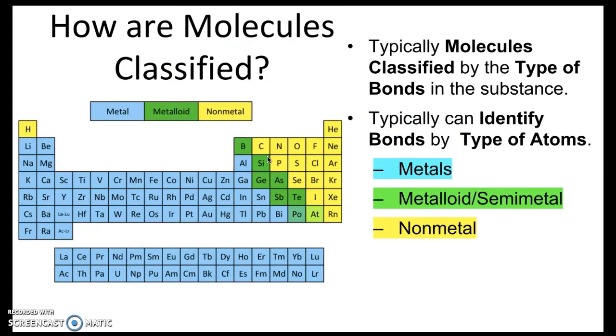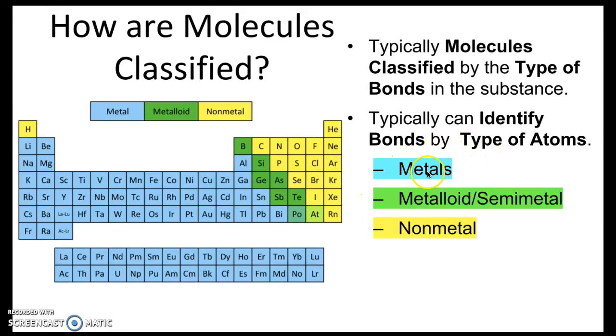Okay, so we're talking about all these properties, and there are different properties that molecules have. Well, what's the basis of these properties, and how do we help to distinguish how these molecules are classified? And that's by the types of bonds. And typically you can identify the types of bonds by the types of atoms.